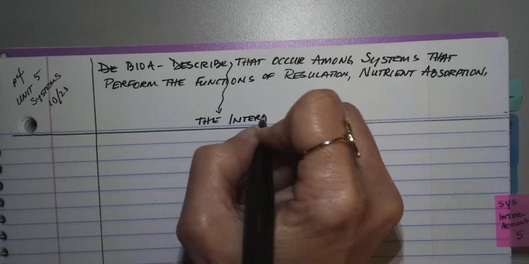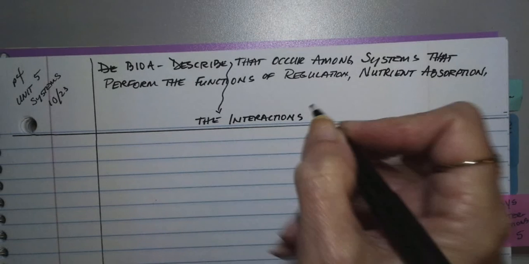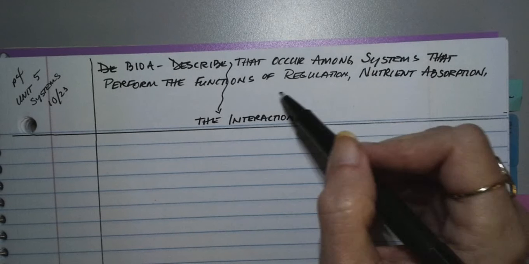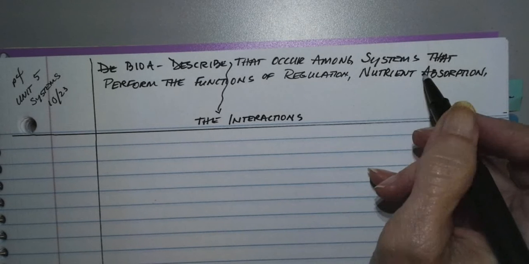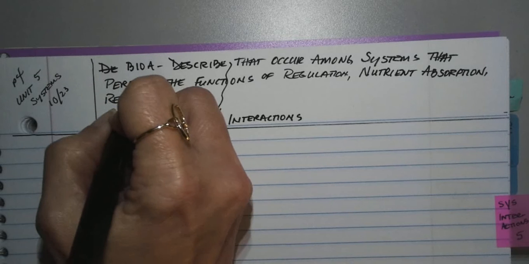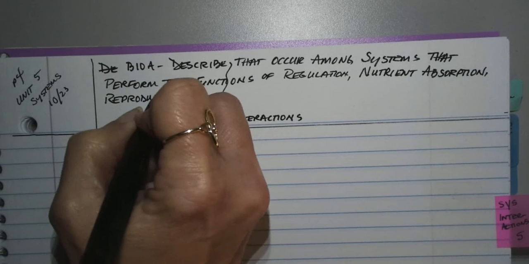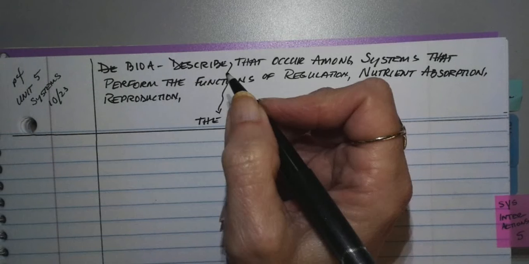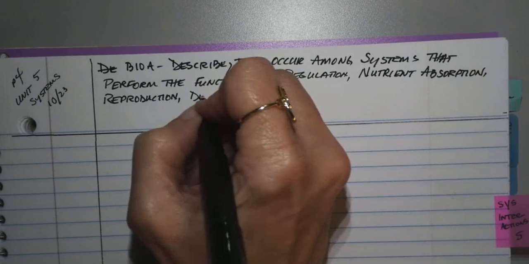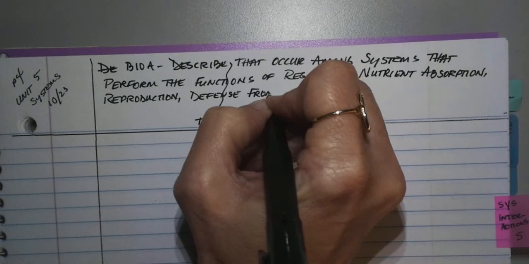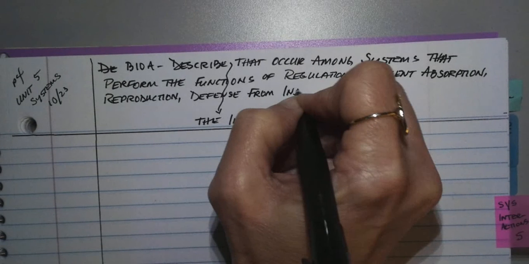So describe the interactions that occur among systems that perform the functions of regulation, nutrient absorption, reproduction, and defense from injury or illness.